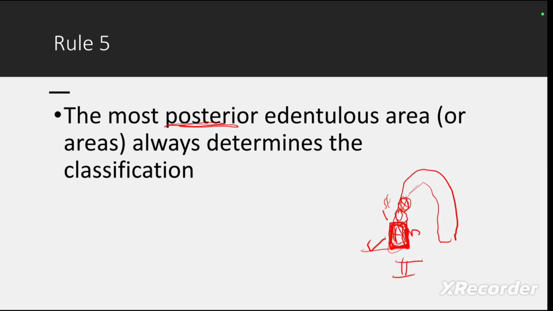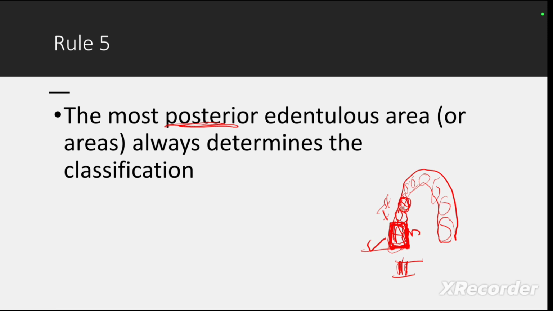So we have already said here the teeth are missing, the first molar is present, and here a premolar is missing. The rest of the teeth are all present. In this, since it is a unilateral edentulous area, the classification is class 2, and there is a space.